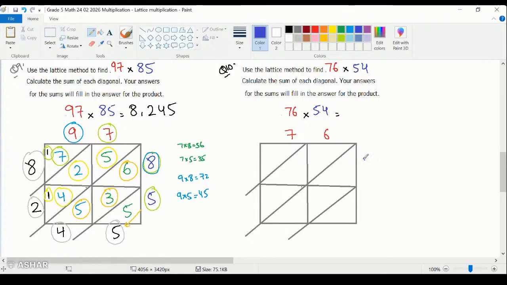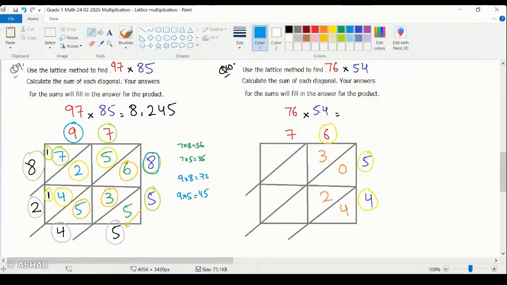We write 5 and 4. 6 multiplied by 5 is 30. 6 multiplied by 4 is, what is 6 multiplied by 4? 6 multiplied by 4 is 24. Agreed? Yes, thank you. This is 24.